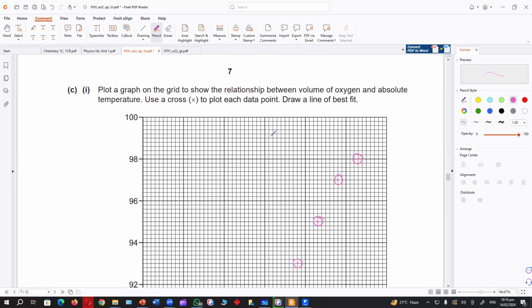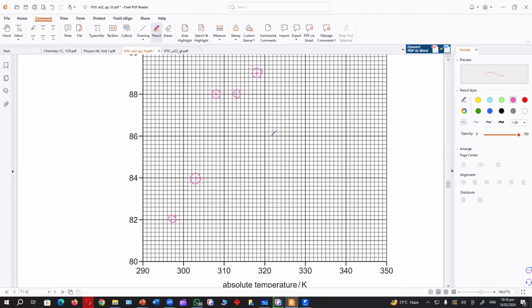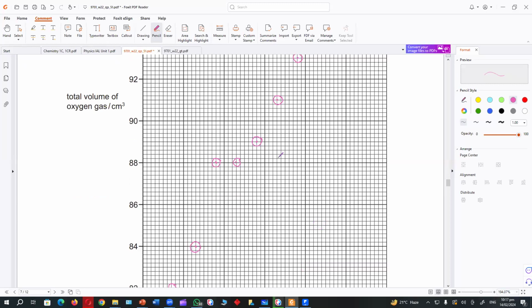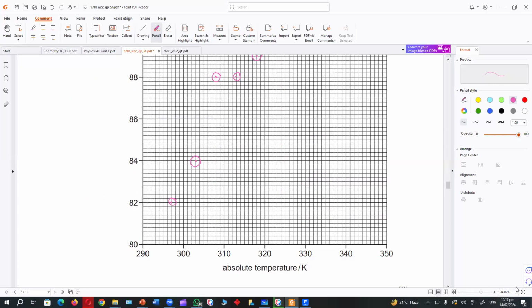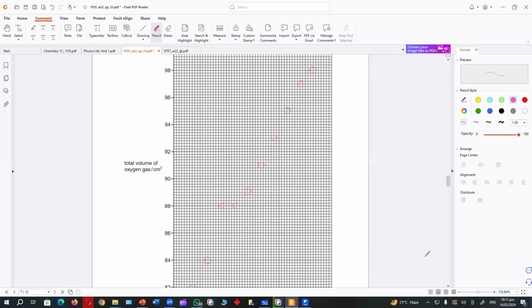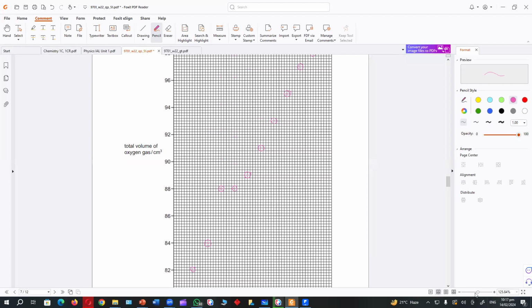What type of graph is he expecting? It's not looking like a step graph. It's not coming to be a straight line. What about the points? He's asking for the line of best fit.